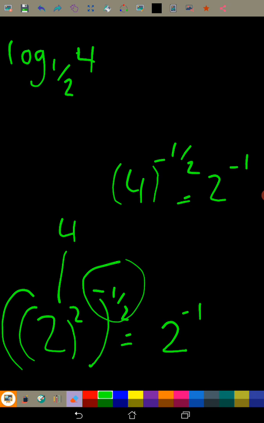So we can write like log half, and then we put half here.